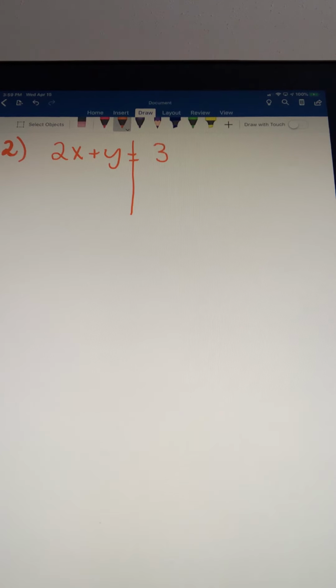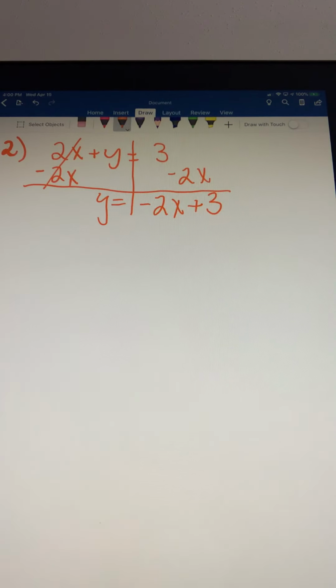Here we go. Subtract 2x to both sides. I get y equals negative 2x plus 3. My y is a positive 1y. I don't have to divide anything, and we're good.